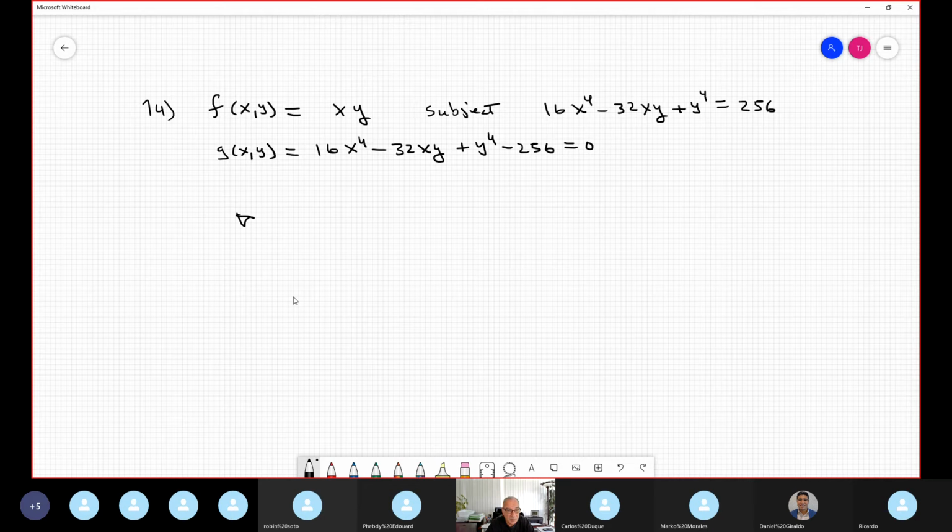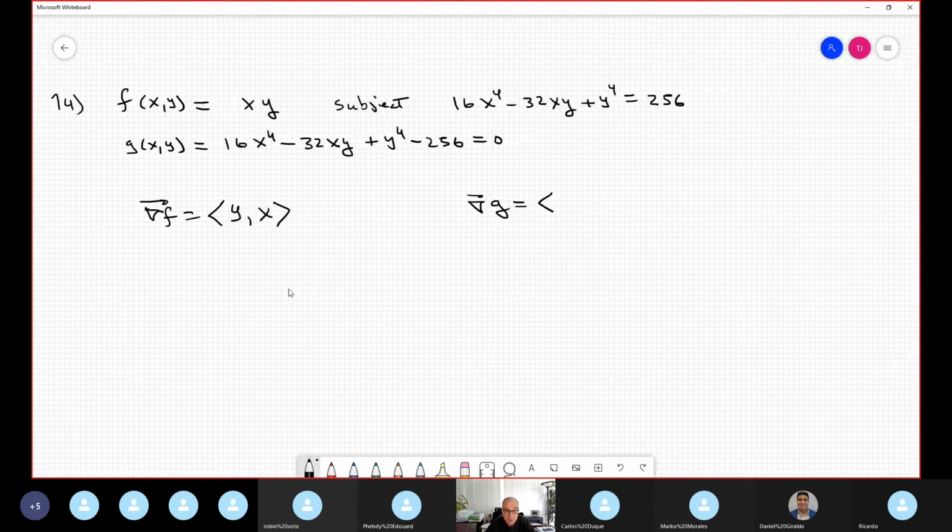We compare the gradient of f and the gradient of g. The gradient of f is (y, x). It's correct, right? However, the gradient of g is more complicated.